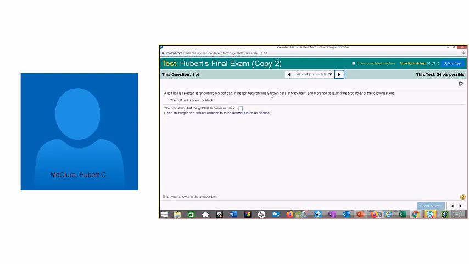Well, that's going to be 9 over whatever the total is, plus 8 over whatever the total is. That one's pretty simple, but I'm not going to constitute it as easy. Pretty simple, though.